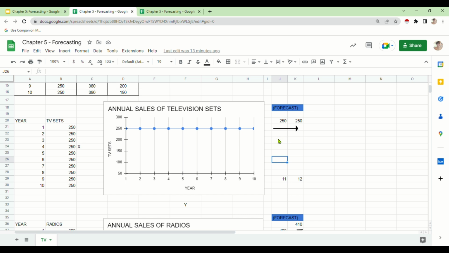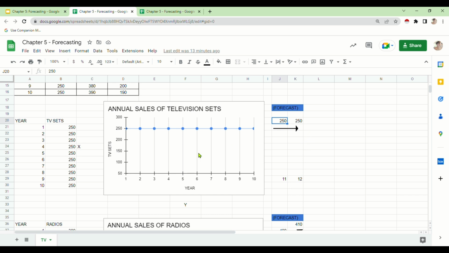So, in forecasting the sales for year 11, based on the sales data for the past 10 years, year 11 will also be 250. So, no matter what equation we insert, no matter what year we insert in the equation, sales will not change. And as mentioned, a good estimate for year 11 is 250 television sets. Same with year 12.